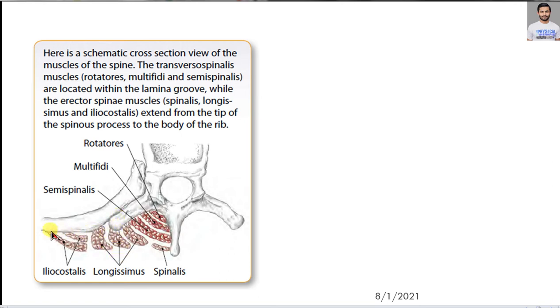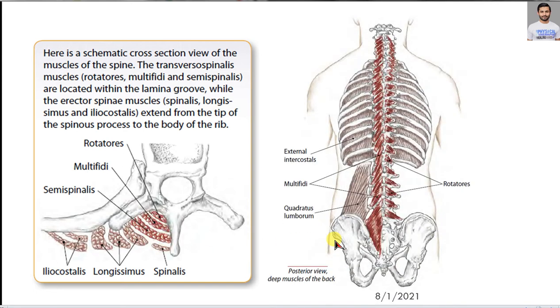Then if you move lateral, you will find the iliocostalis, and they will be a bit thinner compared to the longissimus. And there are three longissimus, two iliocostalis, then one semispinalis, one spinalis, one multifidus, and one rotators. Over here you can see how the muscles are arranged.